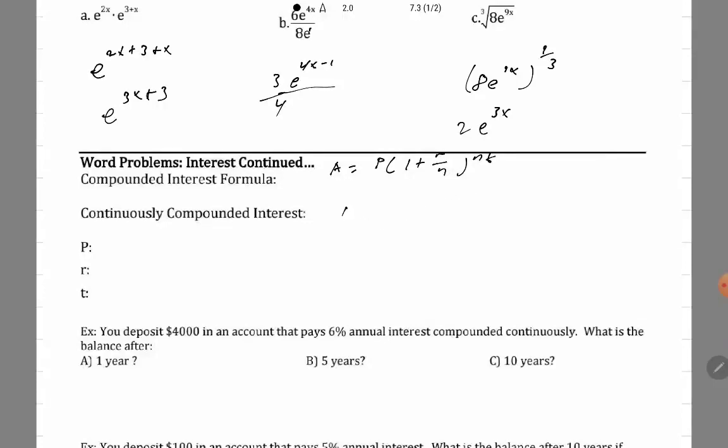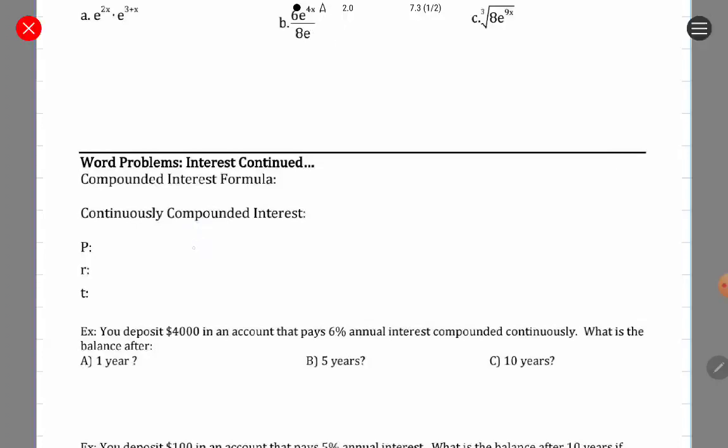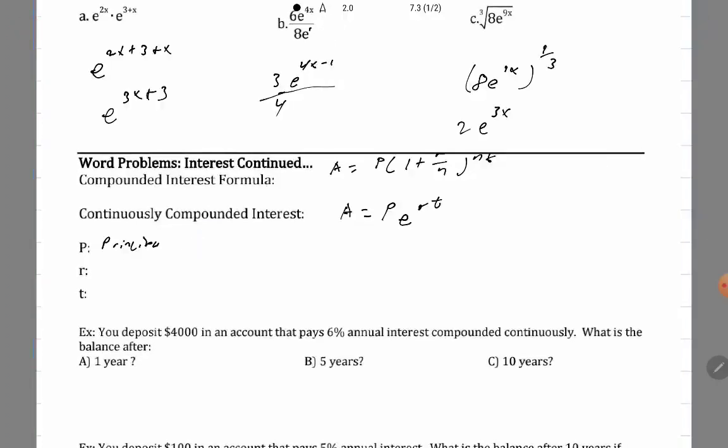Now we call it PERT: A equals P e to the rt. Where P is still your principal, the initial amount. r is your interest rate, and t is time. So it's P times e to the rt.